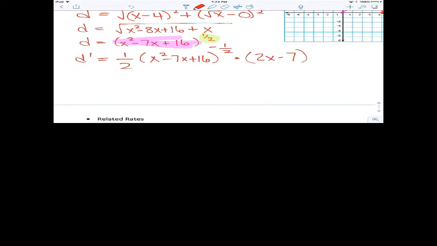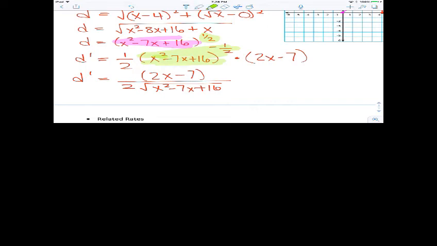Now, I'm going to rewrite this just to make my life a little easier. So I've got 1/2, and then the negative 1/2 power is really this. And then the 2x minus 7 we could leave on the top. So all I did there was take this part and rewrite it as a radical in the denominator.